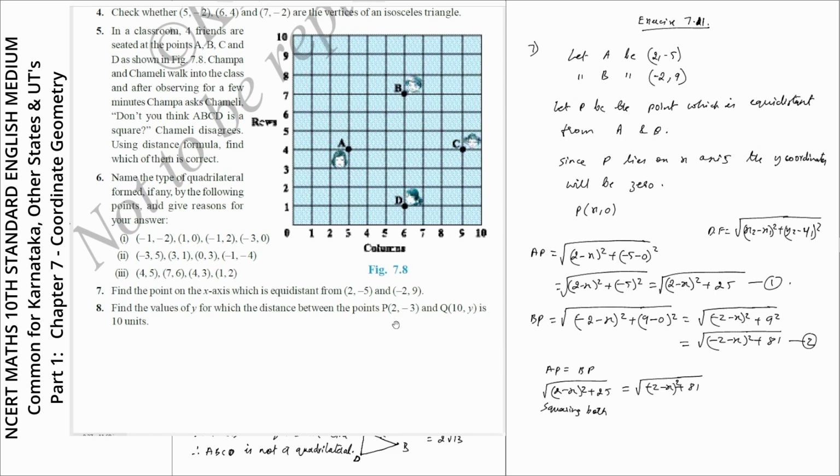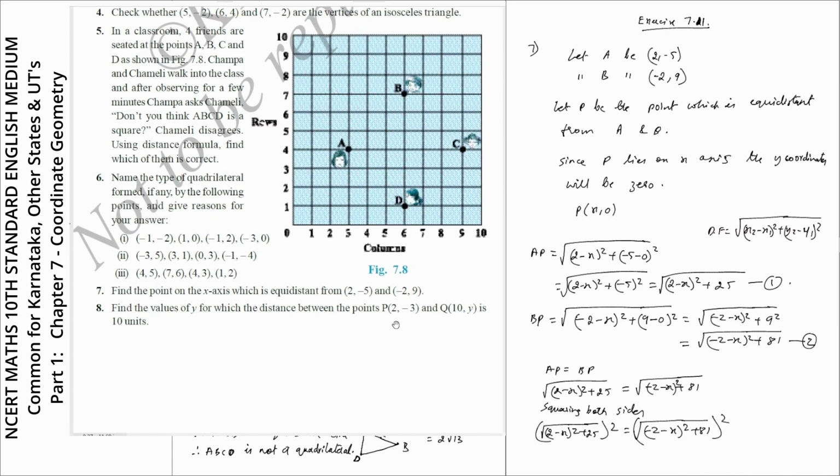Now I'll square both the sides. Squaring both sides I will get the square of the square root of (2 minus x) the whole square plus 25, is equal to the square of the square root of (minus 2 minus x) the whole square plus 81.